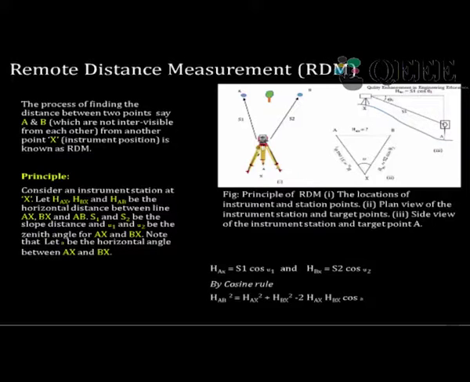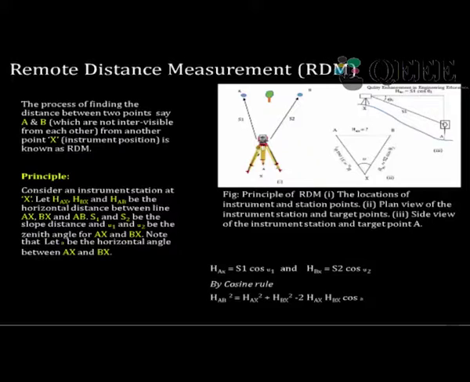Here I have given three figures. One is the location of the instrument and the station points, and the second is the plan view of the instrument station and the target points. This is your instrument station, this is A and this is B. You need HAB.